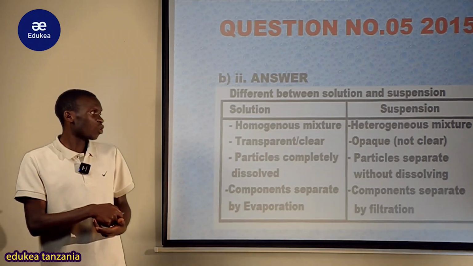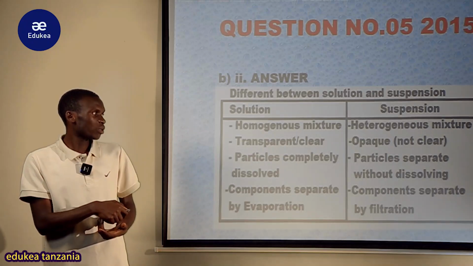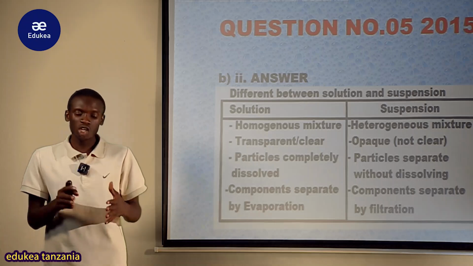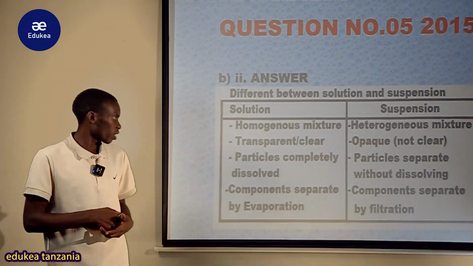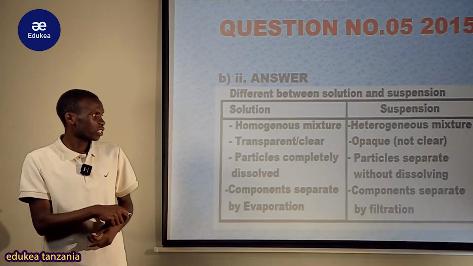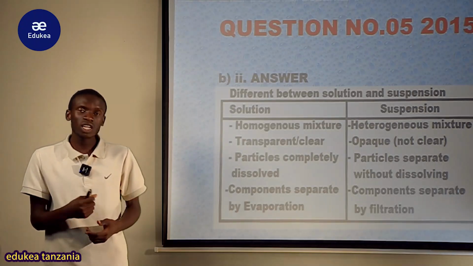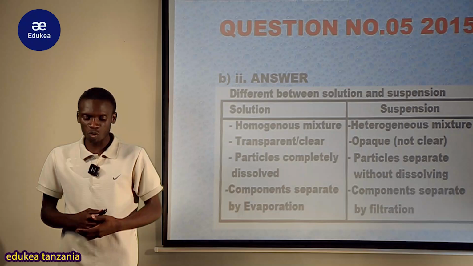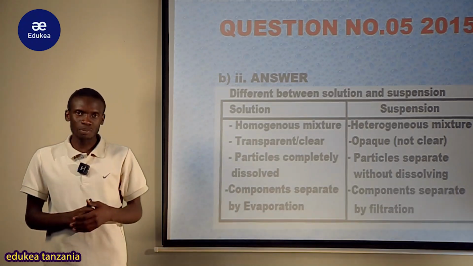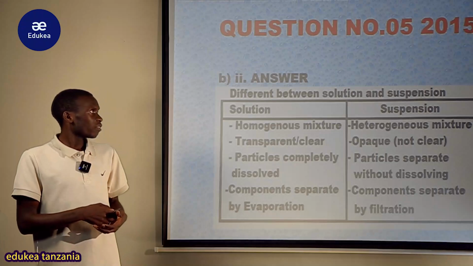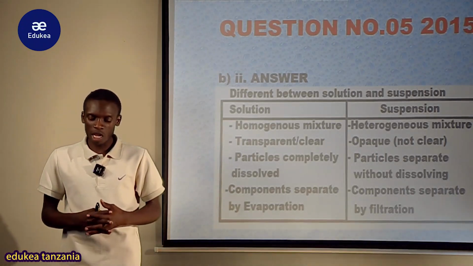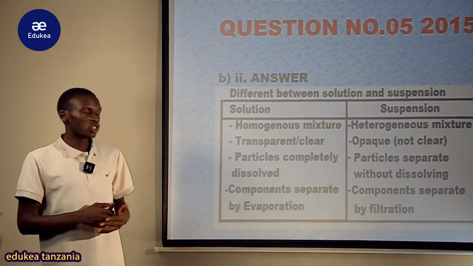In a suspension, particles do not dissolve, but in a solution, particles dissolve completely. In a solution, components separate by evaporation, while in a suspension by filtration. That is the difference between solution and suspension. So this is the question and how it was supposed to be answered.